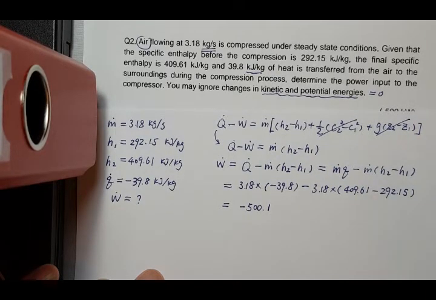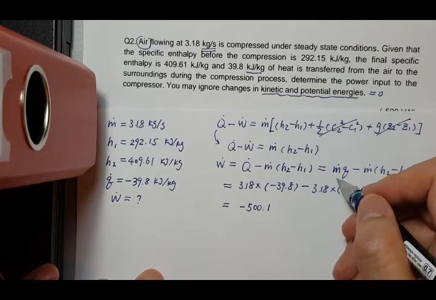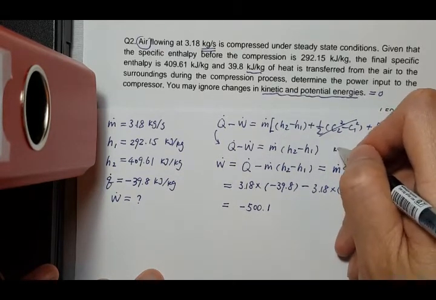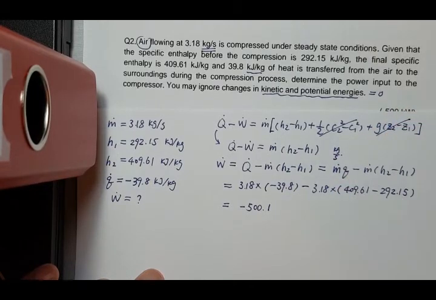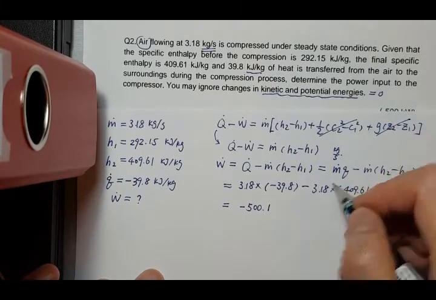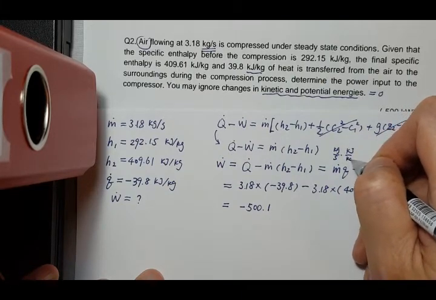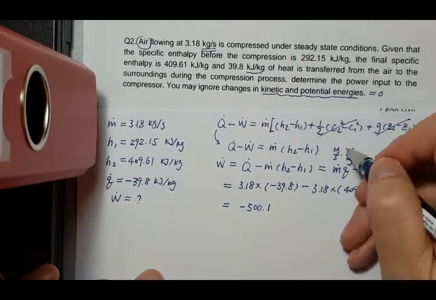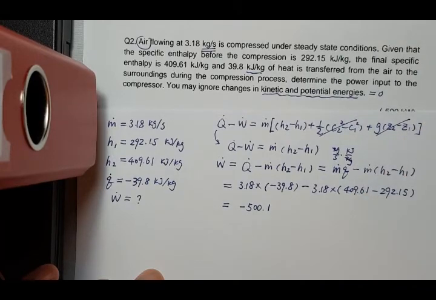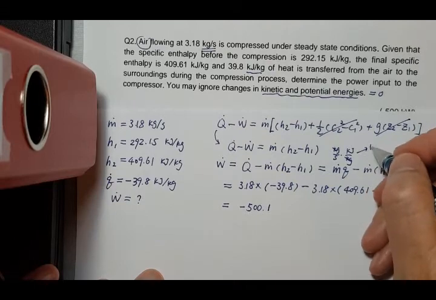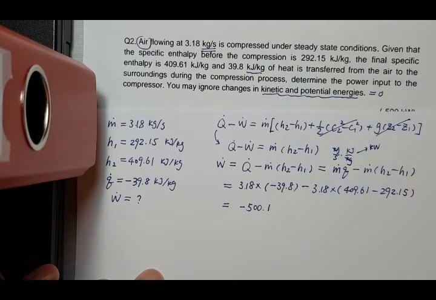So you can also double check the unit here. If we have a look, M dot has kilogram per second. The lowercase q has kilojoule per kilogram. So kilogram cancelled, so that's kilojoule per second, which is just kilowatt.